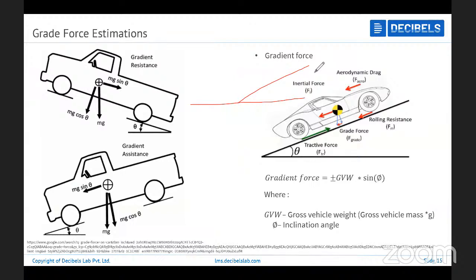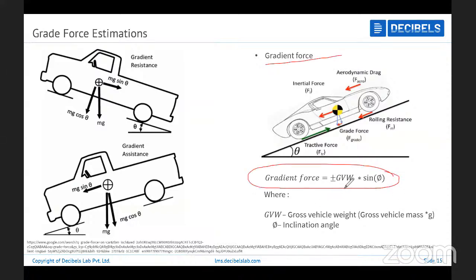One of your force vectors will be acting at an angle, which we call the gradient, that is nothing but theta, the inclination angle. The gradient force is defined by this equation: plus or minus GVW times sine theta, the inclination angle. The plus or minus indicates whether your vehicle is moving uphill or downhill.